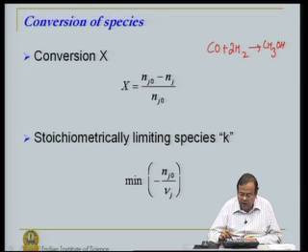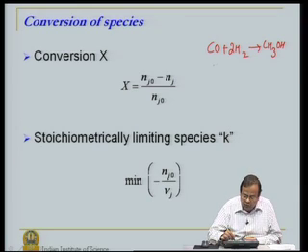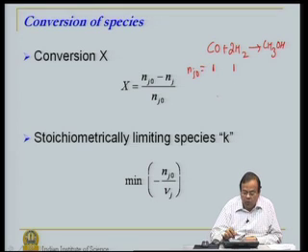Now, how do I decide that limiting species? The idea is very simple. Let us say that we started with 1 mole each of carbon monoxide and hydrogen. So, my Nj0 was 1 for both these species. Now, can I get, for example, for carbon monoxide Nj equal to 0? That means, can I have complete conversion of carbon monoxide?